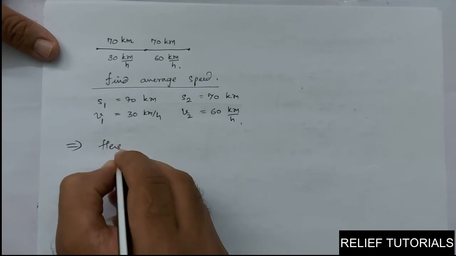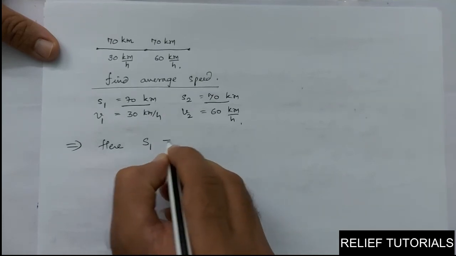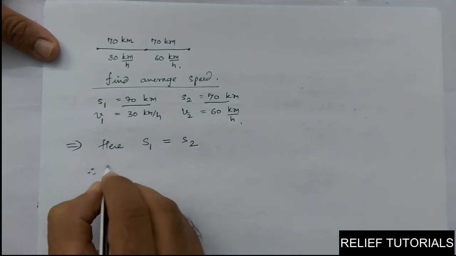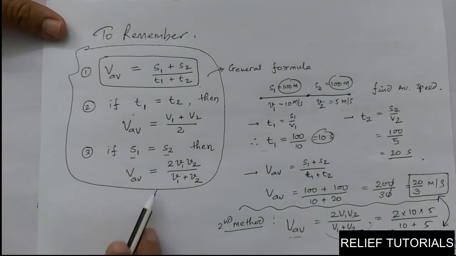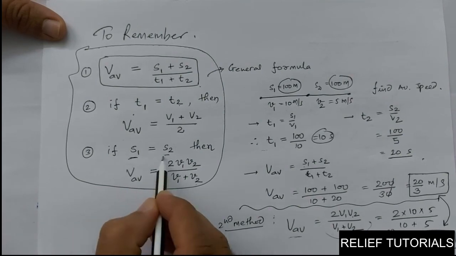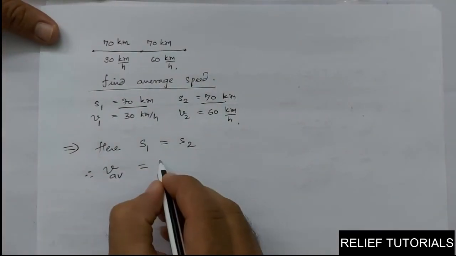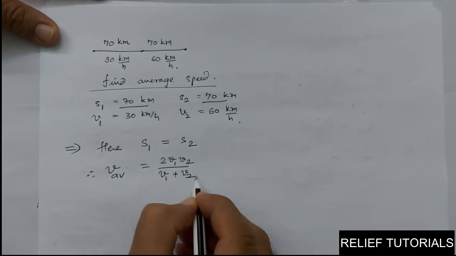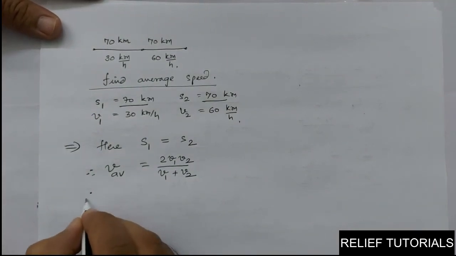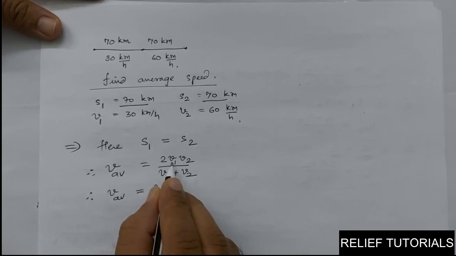Here if you observe carefully, S1 is 70, S2 is 70. So here S1 is equals to S2. Therefore, VAV can be calculated by the shortcut formula. If S1 is equals to S2, then we can use this formula. So same way, VAV is equals to 2V1 V2 upon V1 plus V2. Therefore, VAV is equals to 2 into V1.